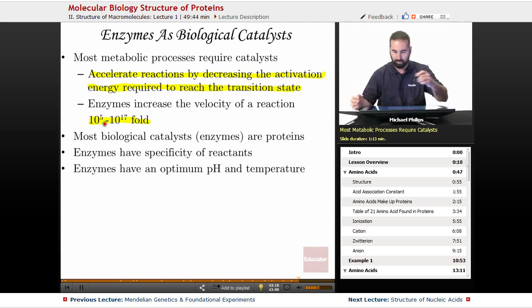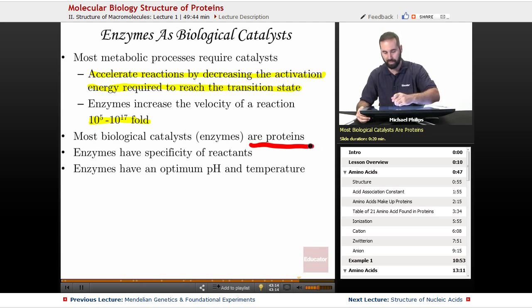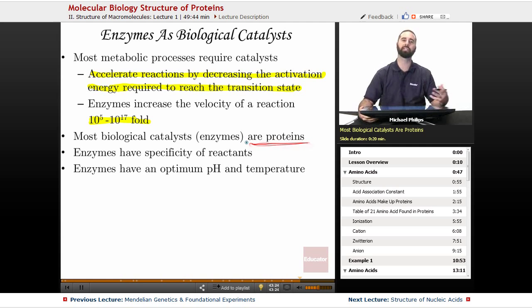Now, most biological catalysts or enzymes are proteins, but not all of them are proteins. Some enzymes can be what are called ribozymes, where the active component is an RNA molecule. It's important to note that enzymes have a specificity of reactants, meaning that an enzyme is only going to allow a certain compound to bind in it.